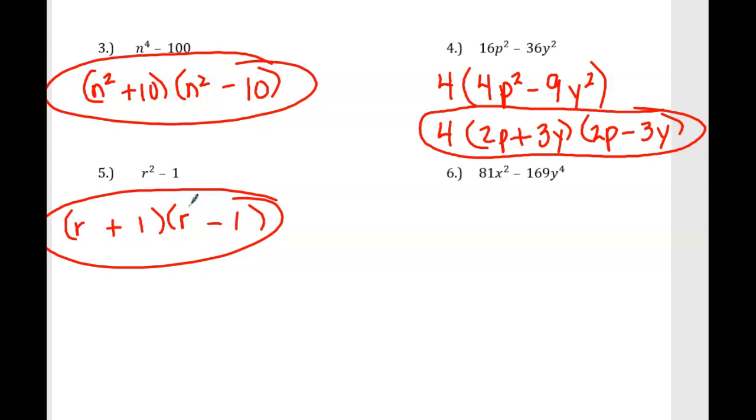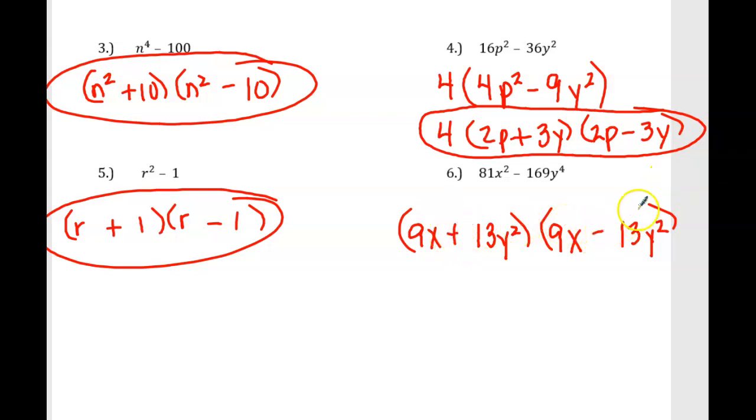We've already factored out the greatest common factor, but they are both perfect squares. In this case, the square root of 81x squared would be 9x. And the square root of 169 would be 13, and it would be y squared and 13y squared, because if we multiply them, then we would get 169y to the fourth. Again, this is plus and minus.